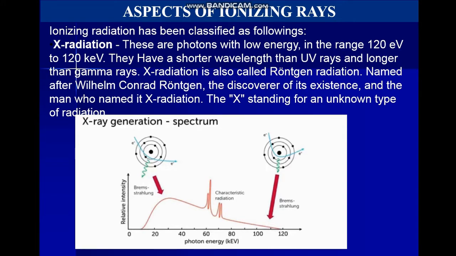Now I'm explaining the main aspects of ionizing rays. Ionizing radiation has been classified as follows. First, X-radiation. You know that X-rays can be used in medicine, in diagnostic radiology, and also in radiotherapy with treatment aims.